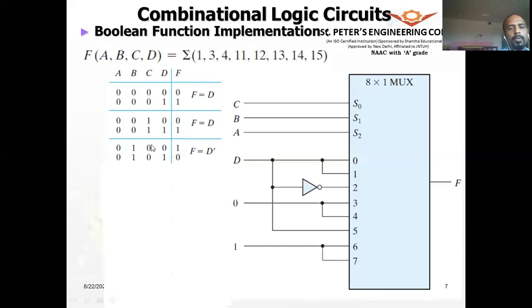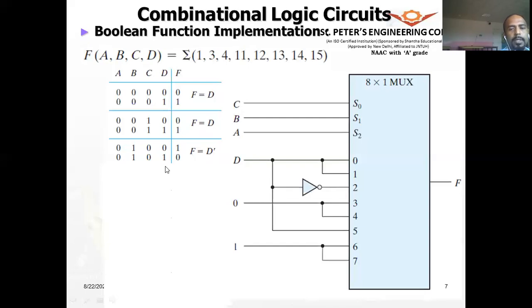So therefore, for this combination, we have to give F as the complement of D. So we are going to give D complement to the I2, the input line I2. So F is equal to D complement.